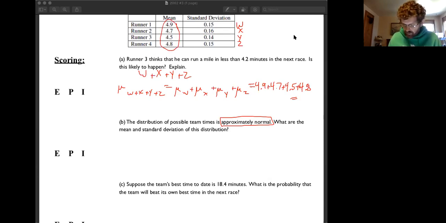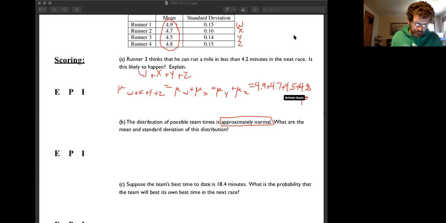So we can do that real quick. And did I do this right? So is that 18.9?